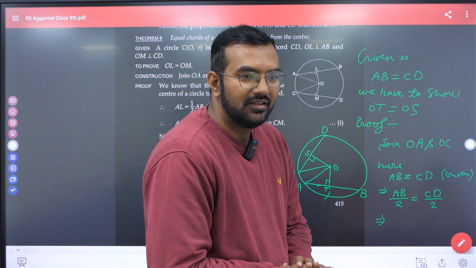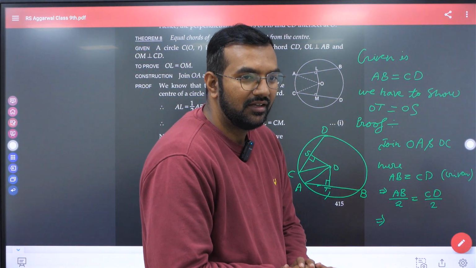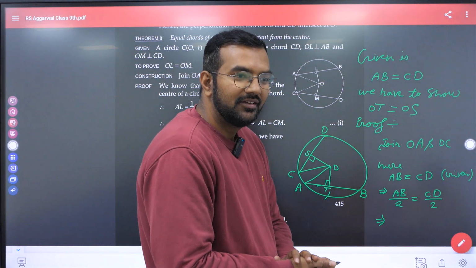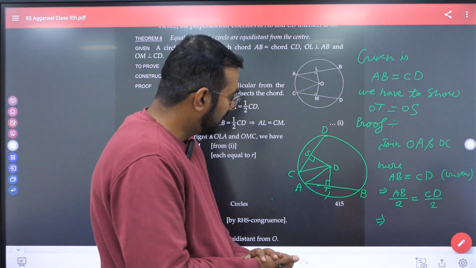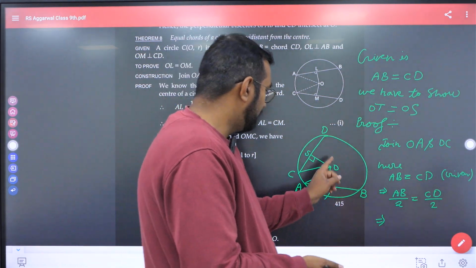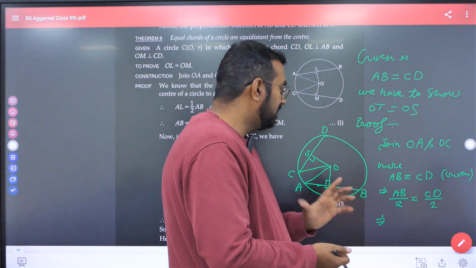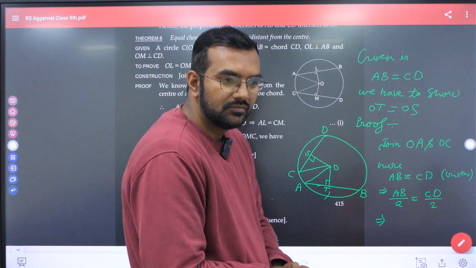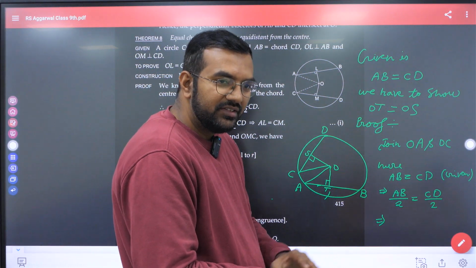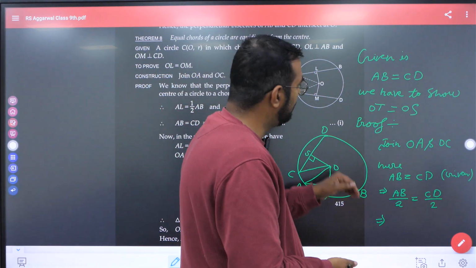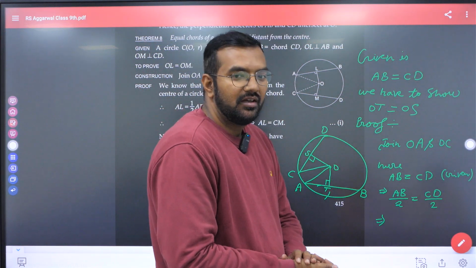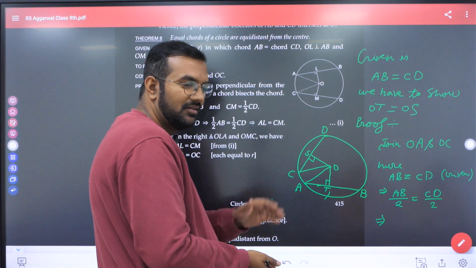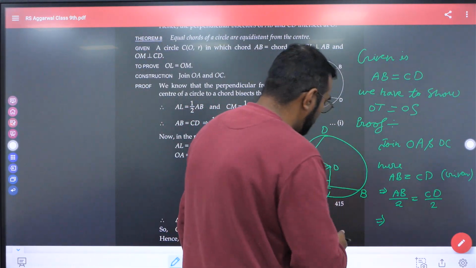OT is a perpendicular of AB. It is given that OT is perpendicular to AB, and OS is perpendicular on CD. But it is a theorem we have studied in the last class or maybe the class before the last one.